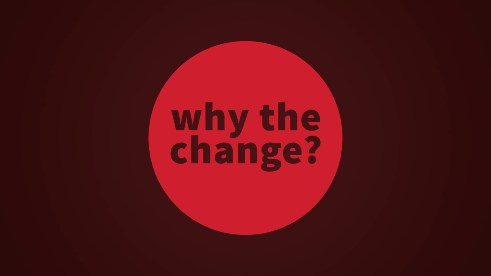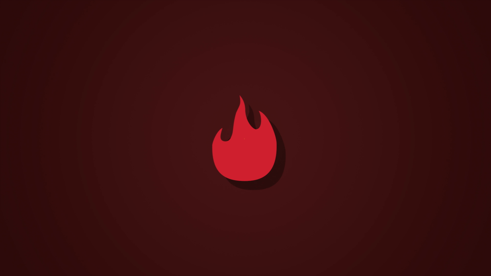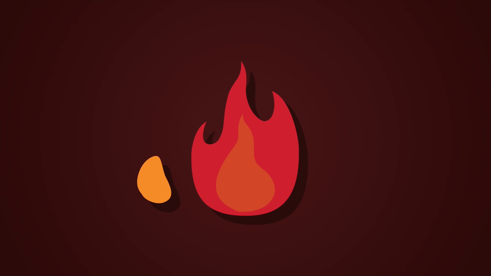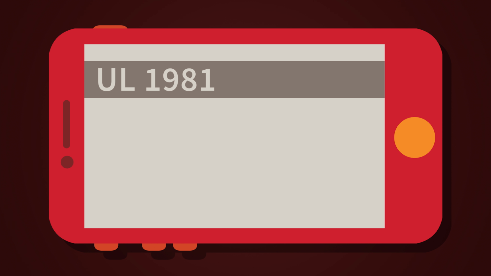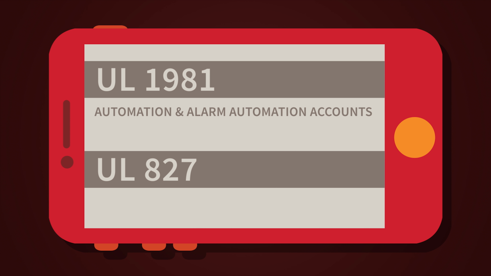Why did the 1981 and 827 standards for UL have to change? Technology shifts over the past decades caused there to be some ambiguity between the two standards. UL 1981 was specifically written to deal with automation and the accounts monitored by the alarm automation, while 827 was written to deal with the hardware and physical buildings.